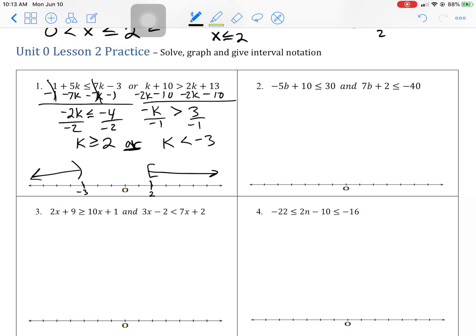If it was an and, it would be no solution, but since it's an or, that's the one that's going to need the union to combine them. So -infinity, -3, soft bracket with a union symbol, and then a hard bracket for 2 and positive infinity. Sorry for the squashiness there. But that's the final answer and the final graph.